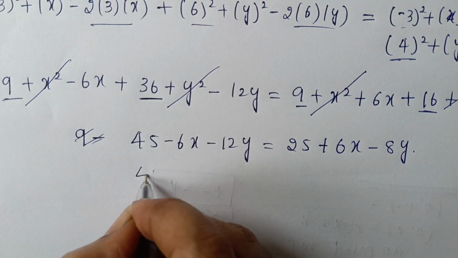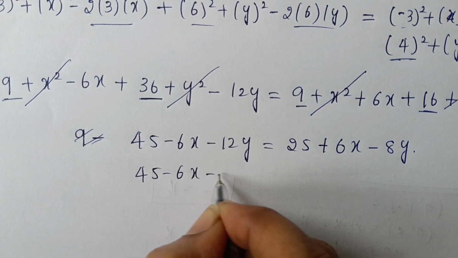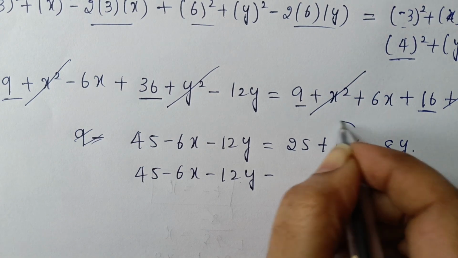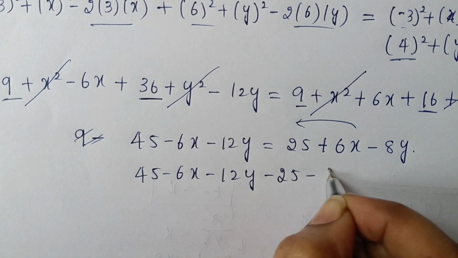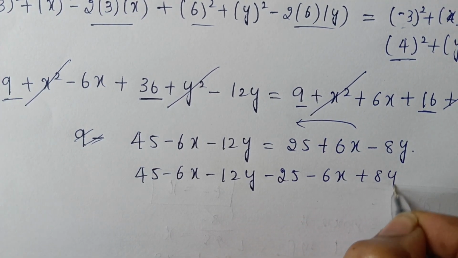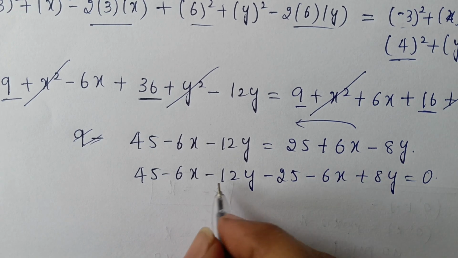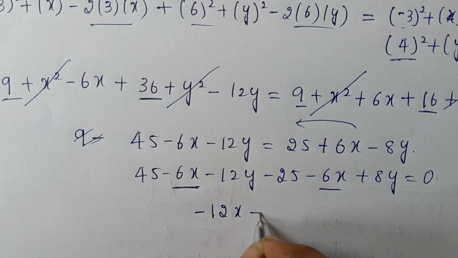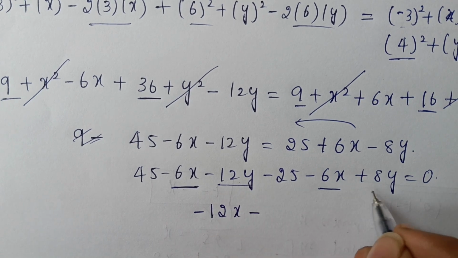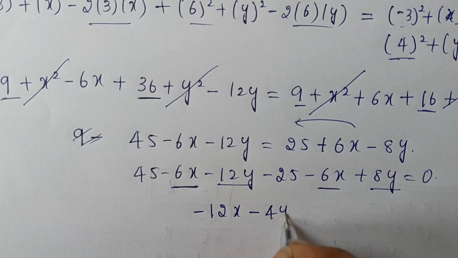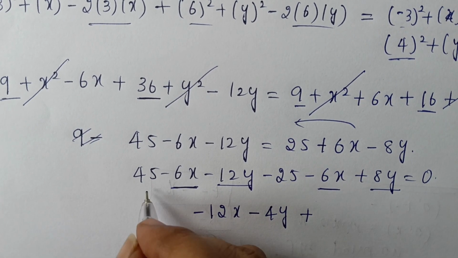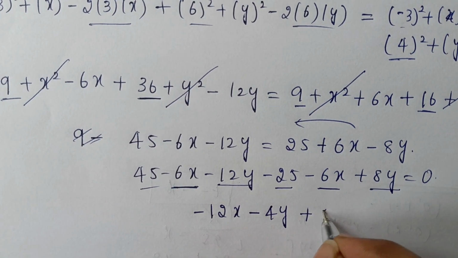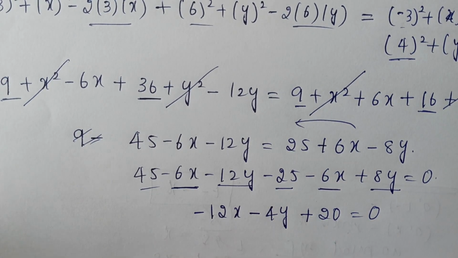So transposing, 45 minus 6x minus 12y, coming to this side, minus 25 minus 6x plus 8y is equal to 0, right? Minus 6x minus 6x is minus 12x, and minus 12y plus 8y is minus 4y, and plus 45 minus 25 is plus 20 is equal to 0.